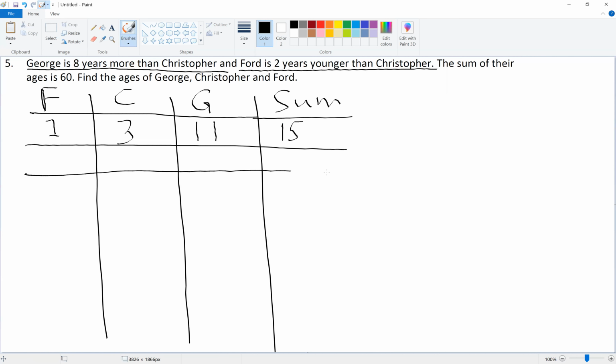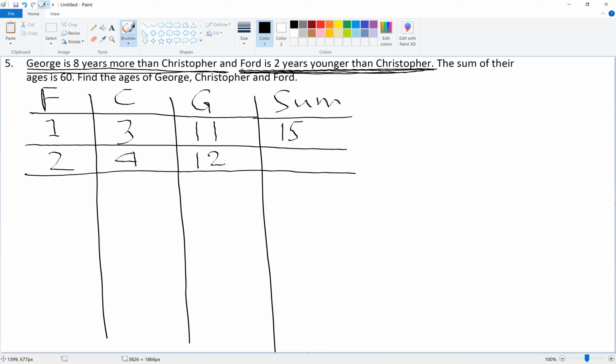And obviously you're looking for more numbers. So if Ford is 2, what is Christopher? 4. And how much is George? 12.